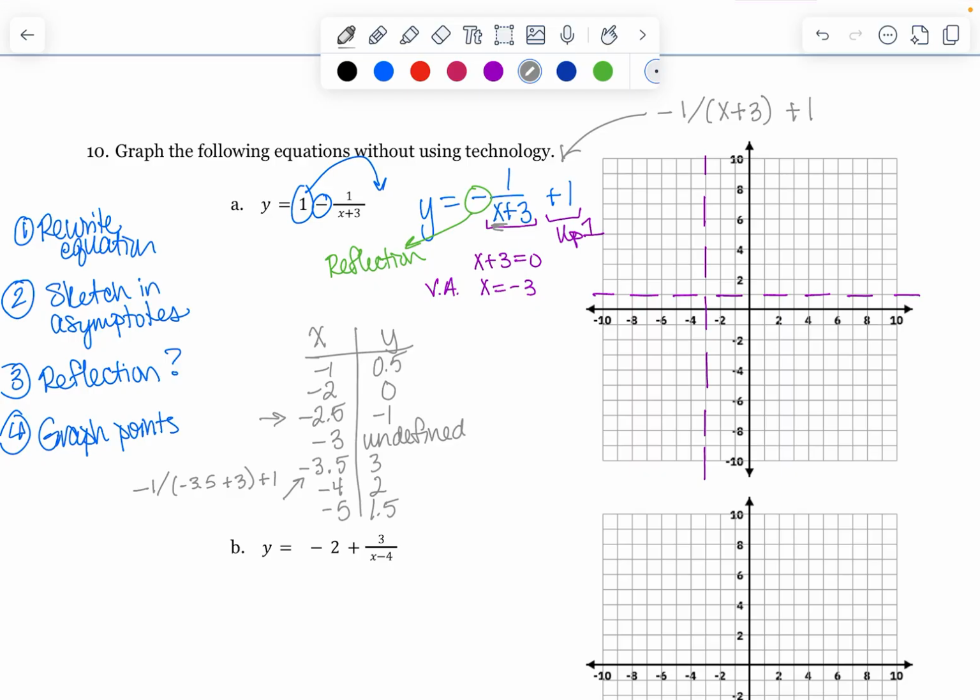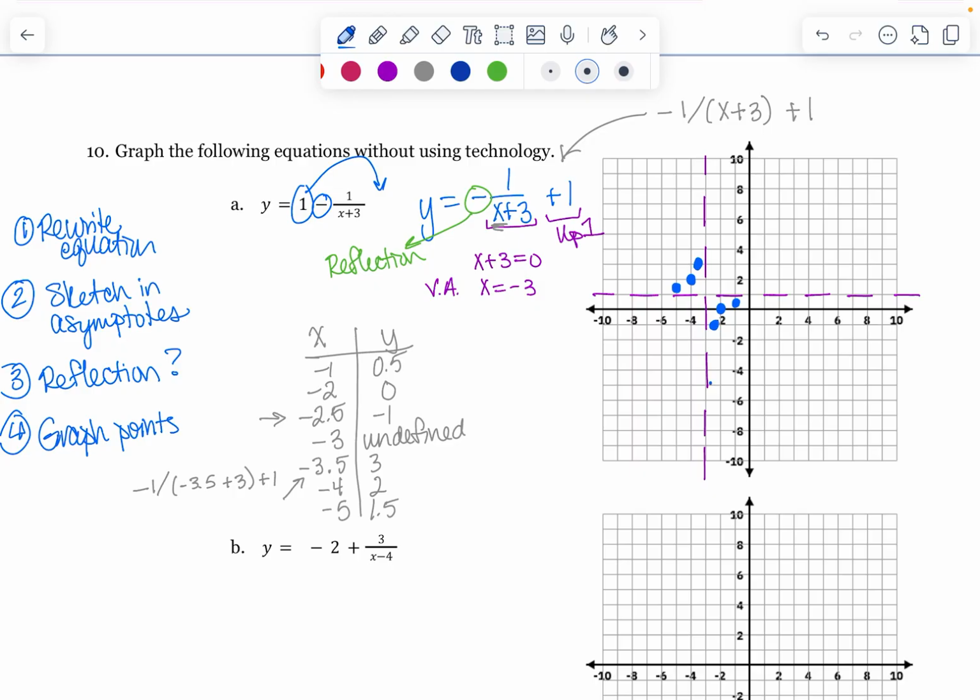And now I can plot my points. So -1.5 would be, let's do a darker color, would be here. -2, 0. And then -2.5, -1. -3.5, 3. -4, 2.